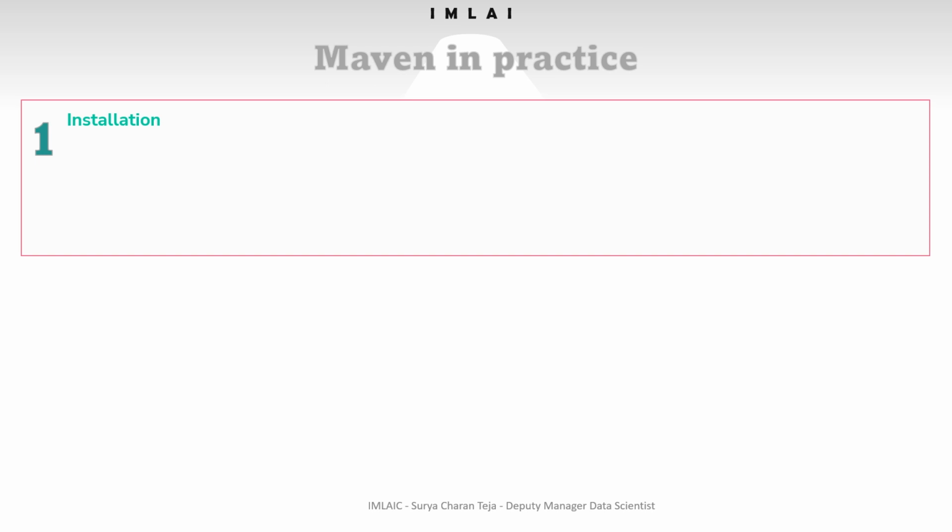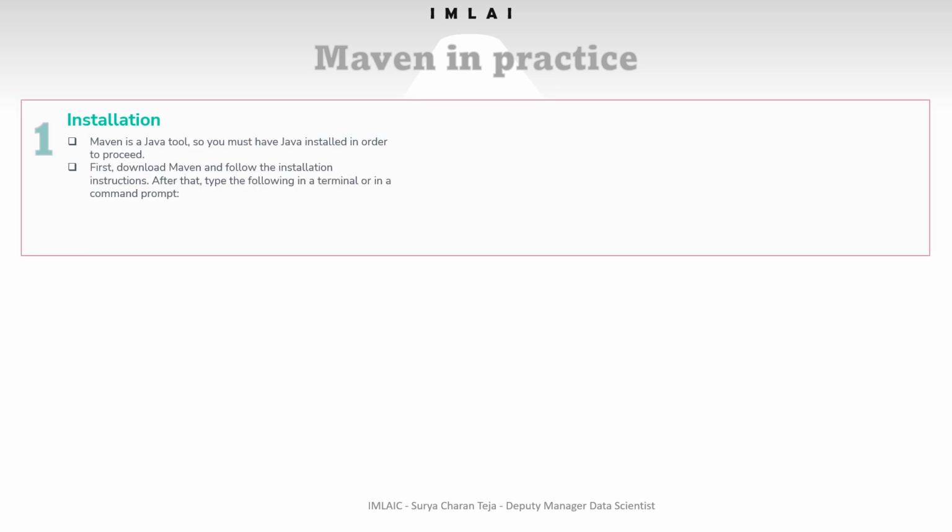Maven is a Java tool, so you must have Java installed in order to proceed further to work with Maven. For that, we will download it. We have two options.